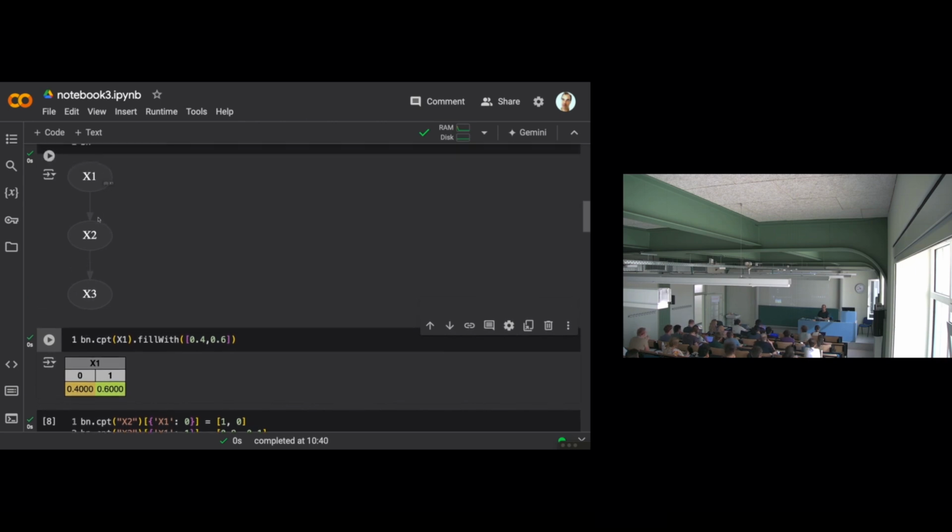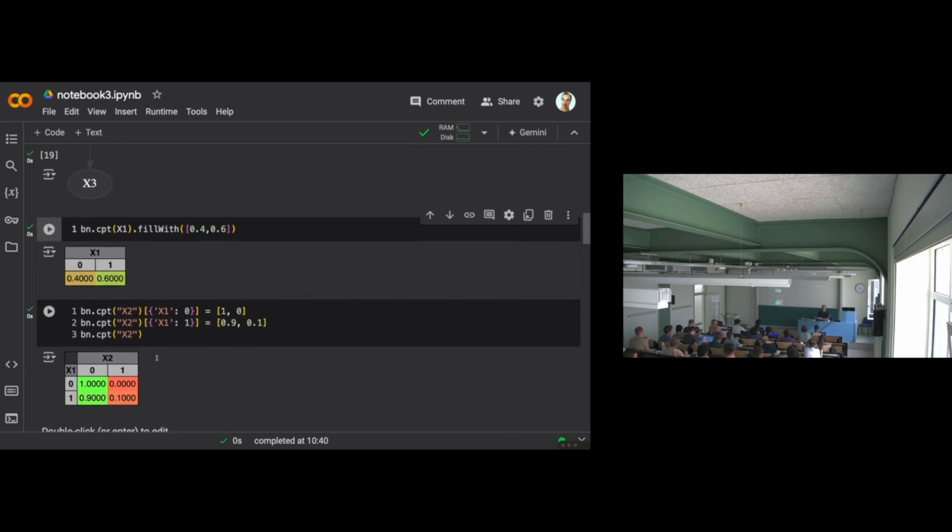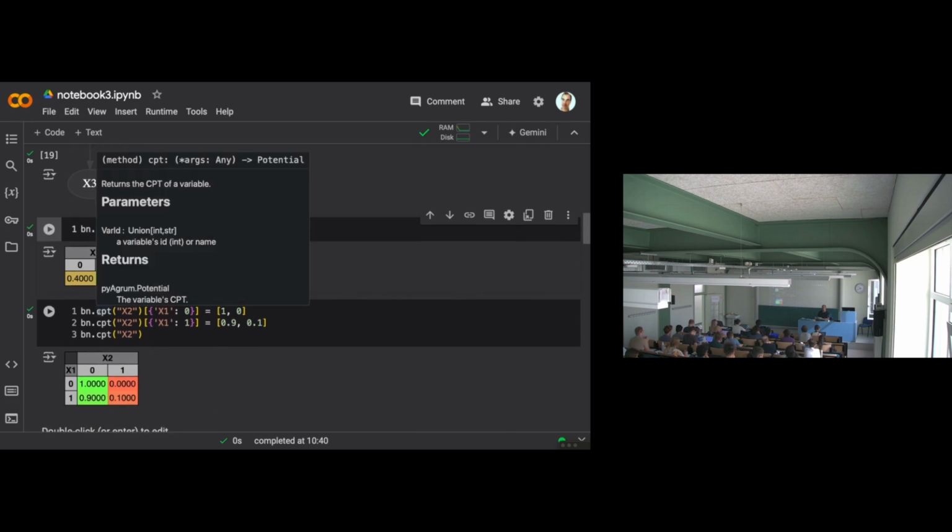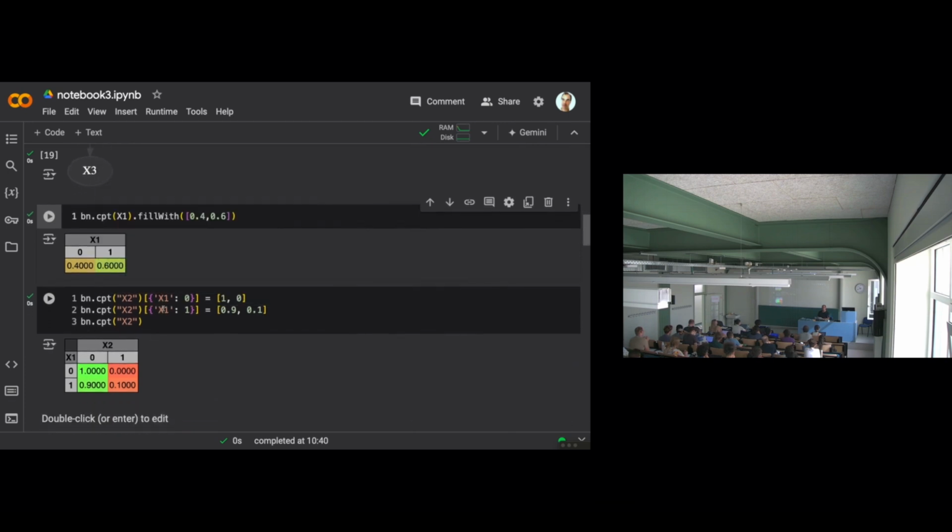Next, I need to define the model for x2 given x1, given the parent. This is the second conditional probability table. It basically means the probability for x2 if x1 is 0 is, let's say, 0.99.